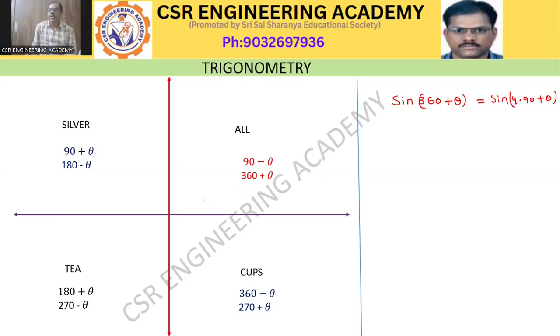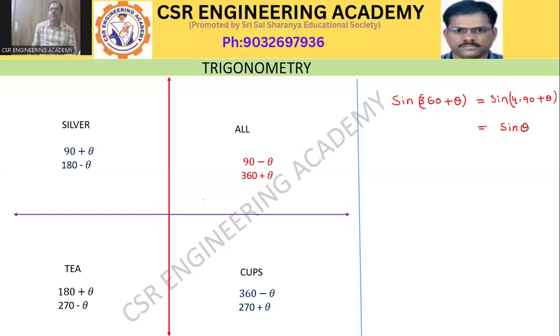Here the multiple of 90 is 4. So 4 is an even number, so even multiple. For an even multiple, there is no change in function value. That is sine only, sine theta. For sine, 360 plus theta belongs to which quadrant? That is the first quadrant.